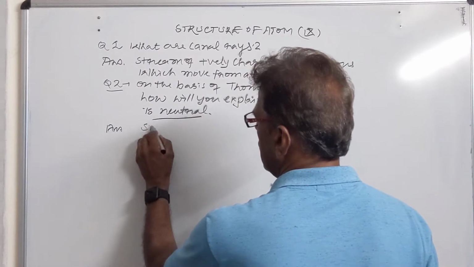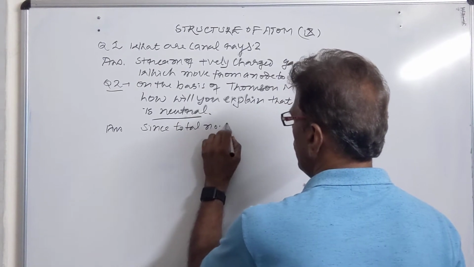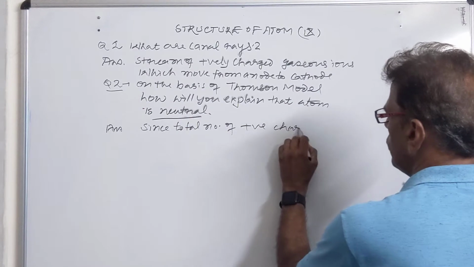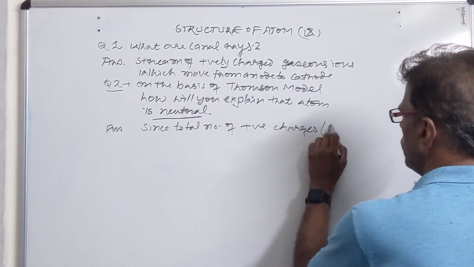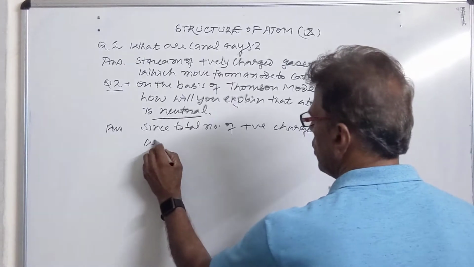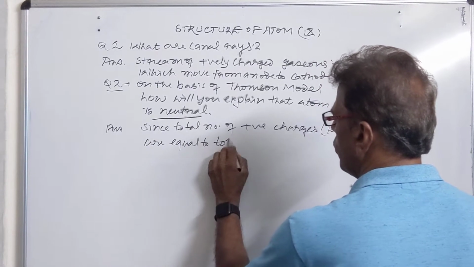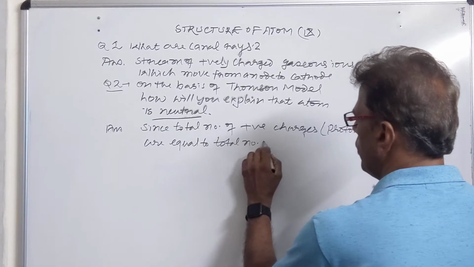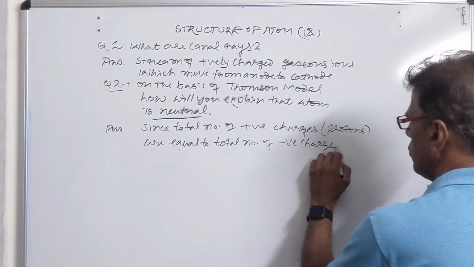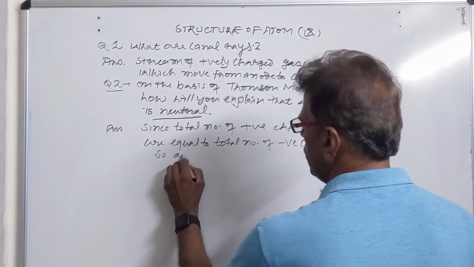Since the total number of positive charges, that is protons, are equal to the total number of negative charges, they are electrons, so atom is neutral.